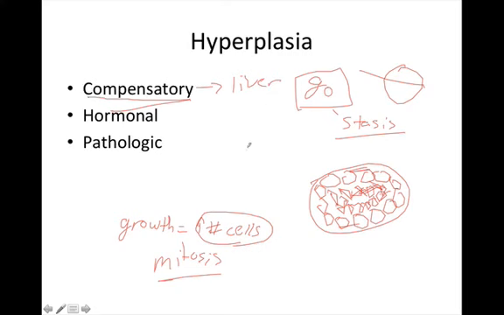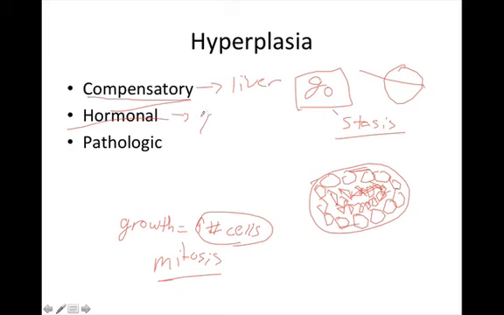All right, an example of hormonal hyperplasia. Hormonal hyperplasia would be, think of the adjustments to pregnancy that are made, if we think of breast tissue, the uterus, and so on.